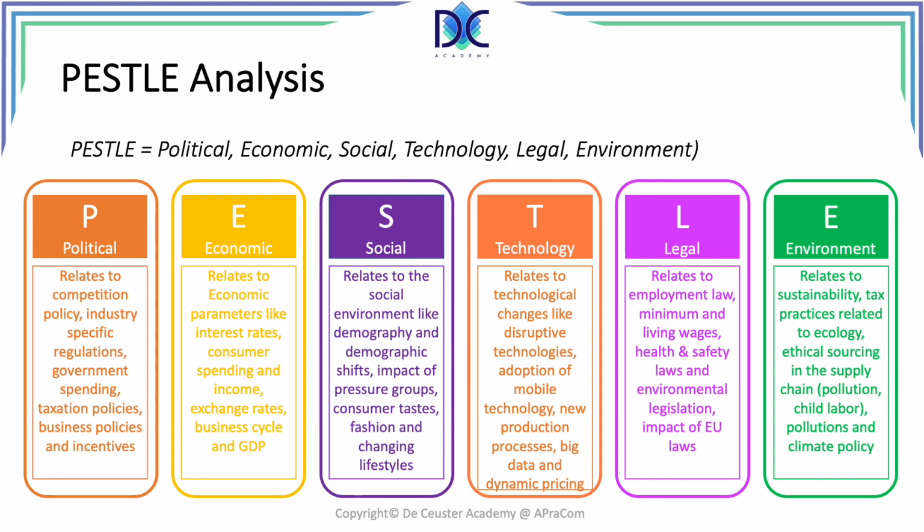Another analysis which is also very popular is the PESTLE analysis. We have the parameters political, economic, social, technology-related, legal, and environment. Basically, political relates to competition, policies, industry, things like that. Economic relates to economic parameters like interest rates, consumer spending, income, exchange rates, GDP. Social relates to social environment like demography, demographic shifts, impact of pressure groups, and so on.